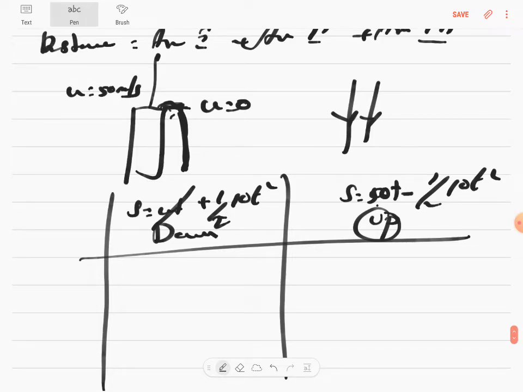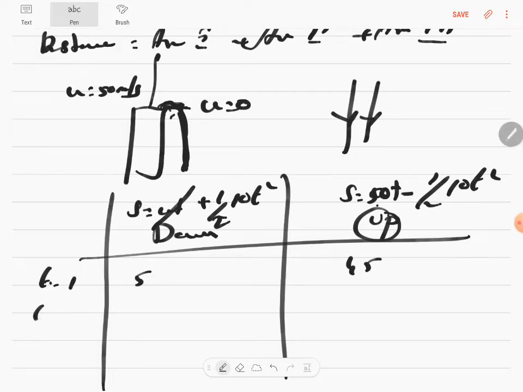Now you put one value for t and find the value. t is equal to 1 second. When t is 1, what will be s? For the ball thrown down, it is 5. For the ball thrown up, when t is 1, it's 50 minus 5, which is 45. Like that you have to put one value and find the values to plot a graph, okay.